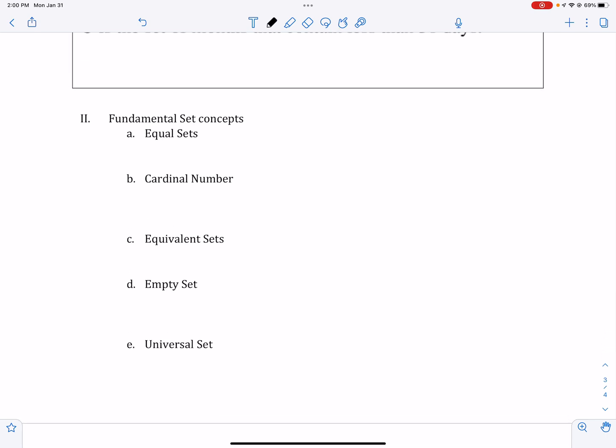So I'm going to skip that next one, and I'm going to go to this next fundamental concept of sets, okay? So equal sets are two sets that have the exact same elements.